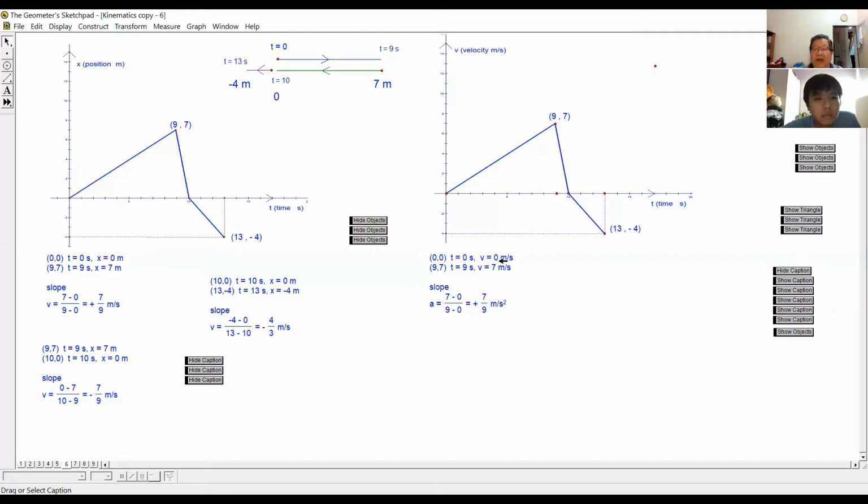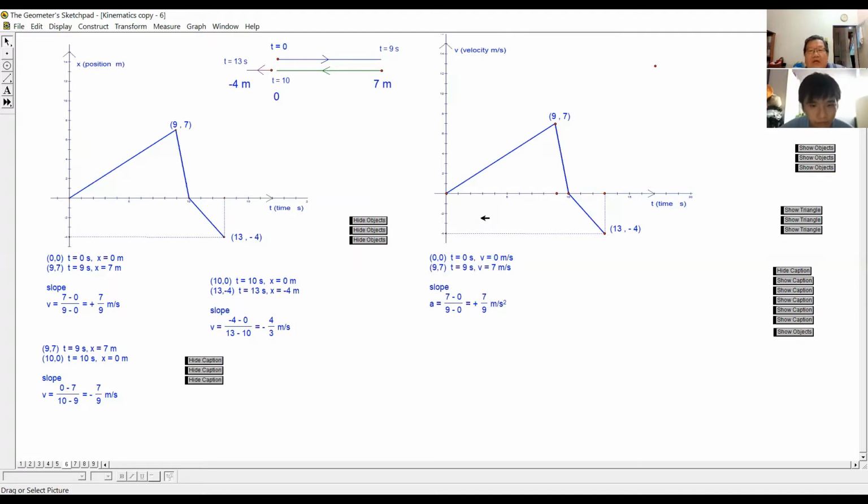That means when you start your stopwatch, the object is not moving. So after you press the stopwatch, then only the object starts to move. But from which position they start moving, we don't know. We just know that at first the velocity is 0, then now they start moving.